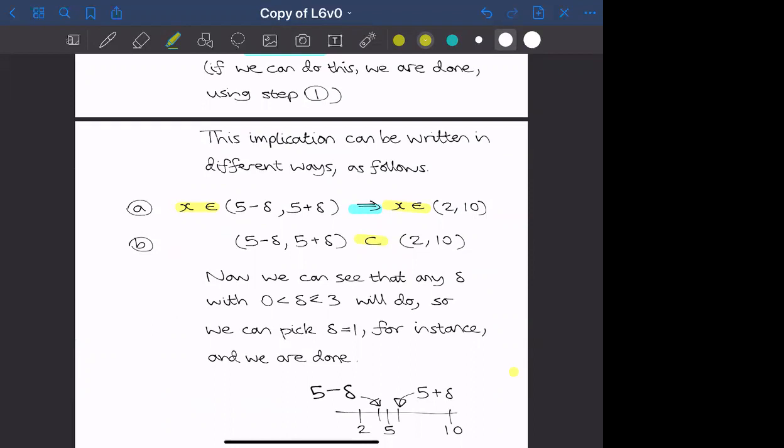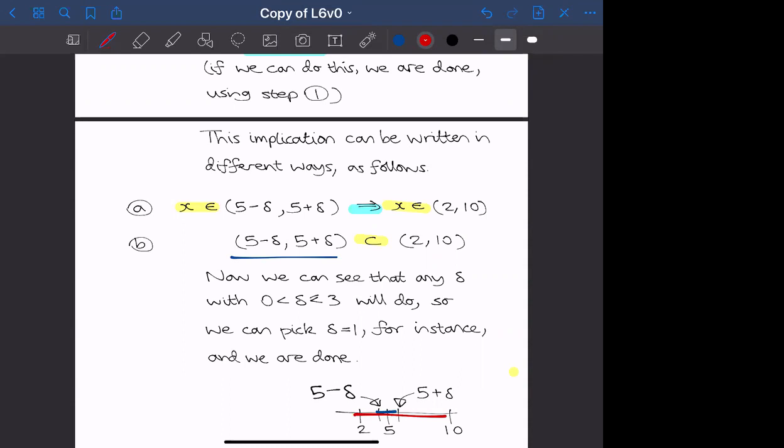So the interval 5 minus delta to 5 plus delta, like this, is inside the interval 2 to 10. So there should be little circles on those intervals, and I'll draw those later.